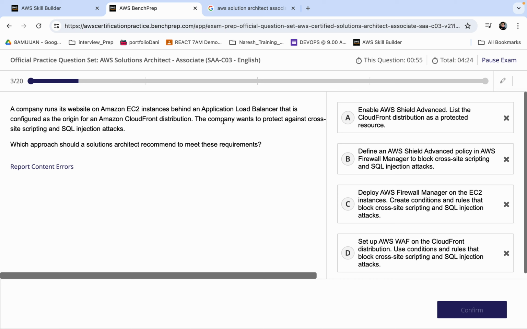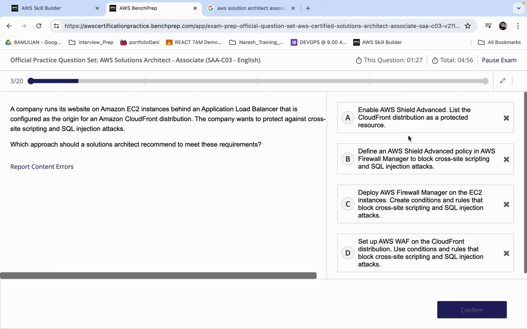When we talk about these attacks, obviously we know that the question is regarding security. And whenever you see the keyword SQL injection attacks, you should consider WAF. We can even go for Shield Advanced in this, but WAF will help in protecting against SQL injection.